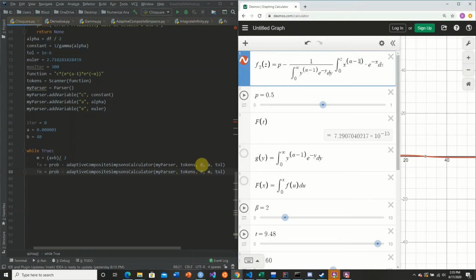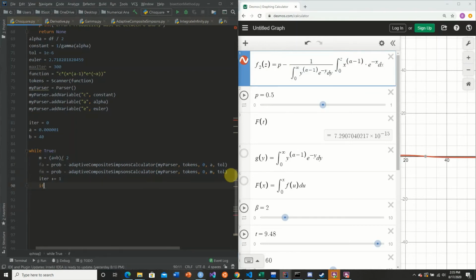So we're going to go from 0 to a, 0 to m, and just like before, we're going to update our iterations. We're going to say if f of a times f of m is less than 0, then we make our b equal to m. If f of a times f of m is bigger than 0, we make our a equal to m.